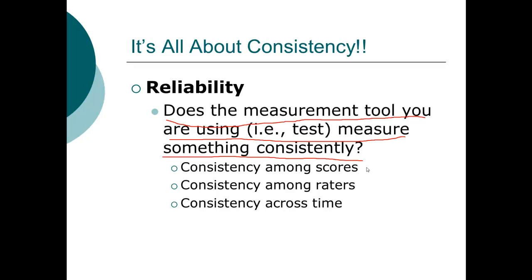And if it does, then we ought to see some kind of consistency among the scores that our students get, consistency among raters. You can give your test in class, I could come back and give it, and we'd get consistent results. And also consistency across time.